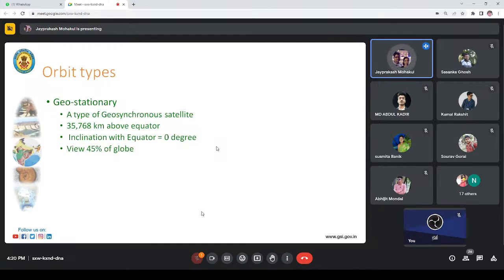Now, a geostationary satellite is primarily a variety of geosynchronous satellite which has zero inclination with the equator. Its orbital plane is the same as the equatorial plane, right? And it can view approximately 45% of the globe.